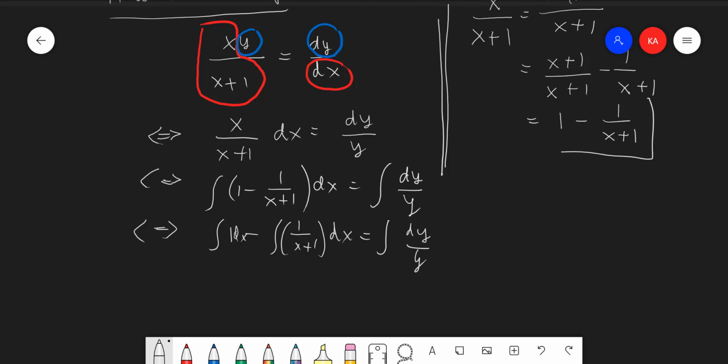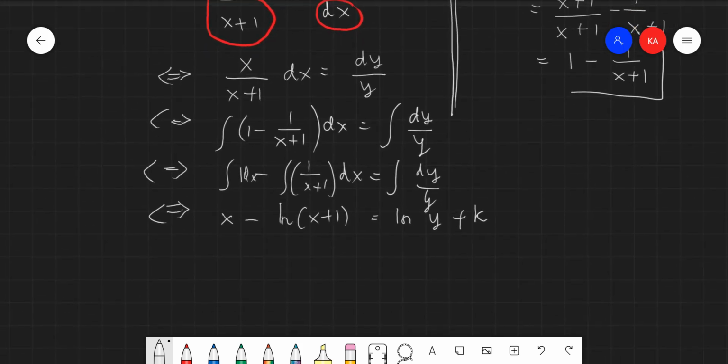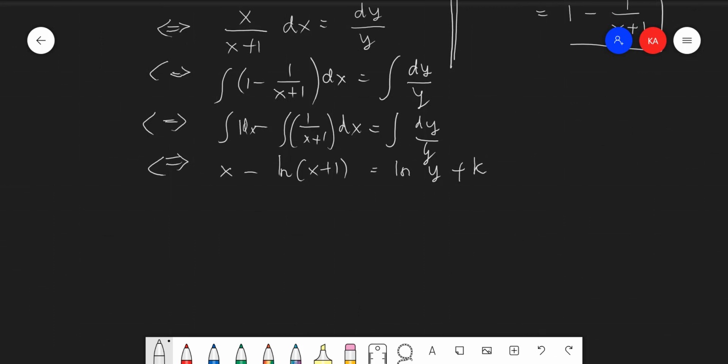The integral of 1 dx is x, minus ln of x plus 1, is equal to ln y plus k, and k is the constant of integration. So x is equal to ln x plus 1 plus ln y plus k.